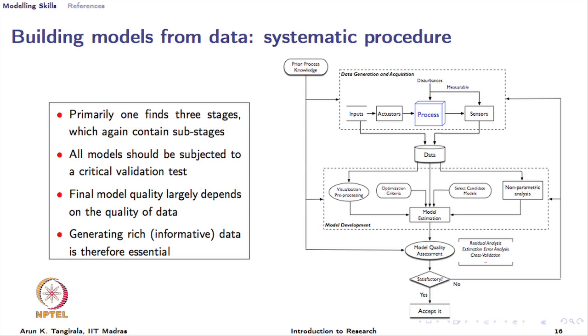So, an intermediate step involves what is known as a non-parametric analysis, where I make minimal assumptions on the process and try to gather as much information as possible from the data, so as to make a good guess of the model structure. That is called a non-parametric approach, and this step can be skipped if I already know the structure of the model that I am going to fit. So, in many situations the non-parametric analysis may not even be present.